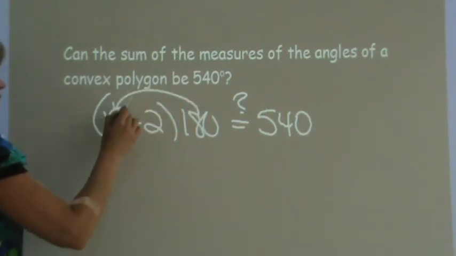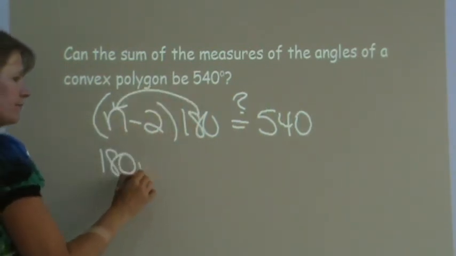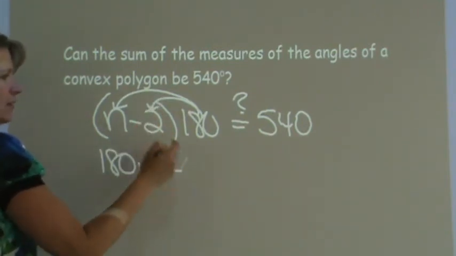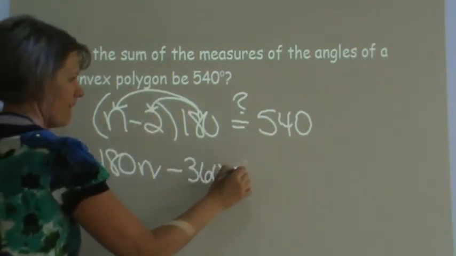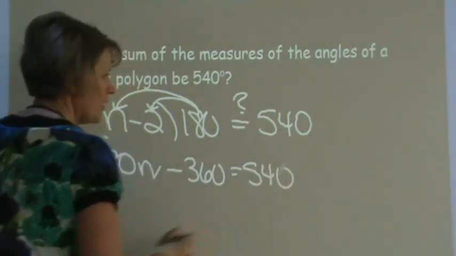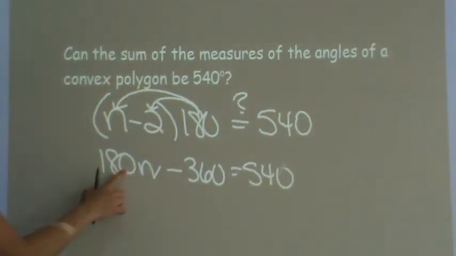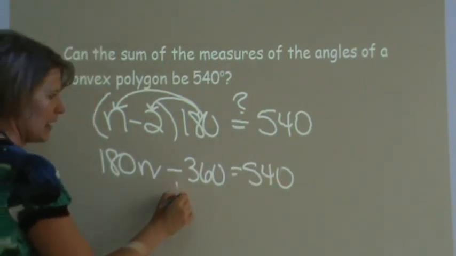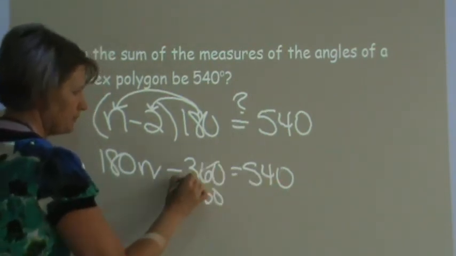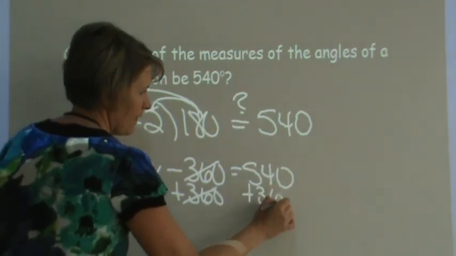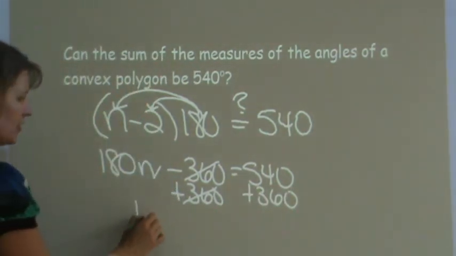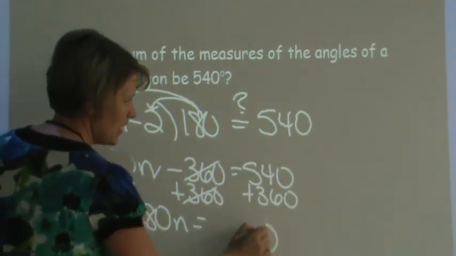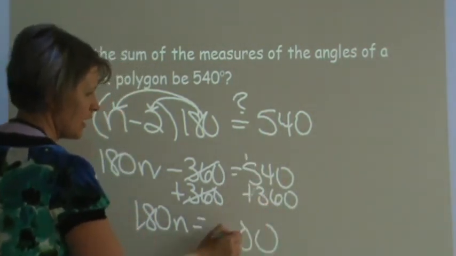Take 180 times n, take 180, keep that negative sign in there. It's going to be 360. These are all combined, my n's are together, but my numbers are like terms, they need to be combined together. So I'm going to add 360. So I have 180n equals, let's add that together, 5, 6, 7, 8, 9.